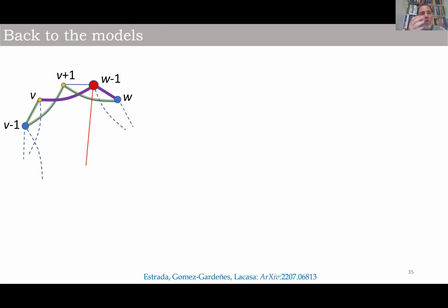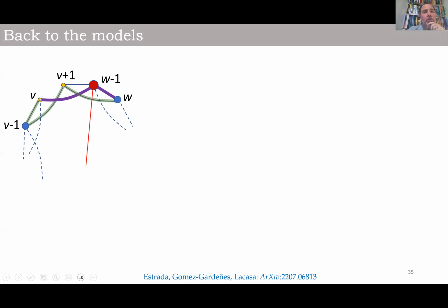In the Watts-Strogatz model, when you have the circular graph, you remove one of the edges connecting pairs of vertices, and then you rewire this edge to another pair of nodes. So what you really are doing is diminishing the degree of this pair of vertices and slightly increasing the degree of this vertex here.